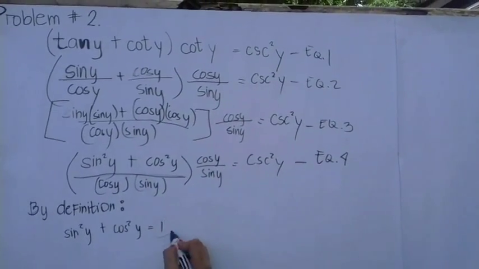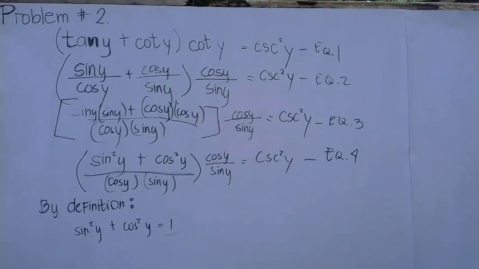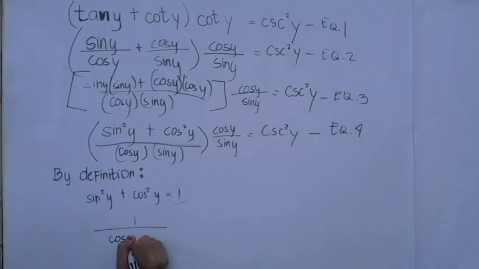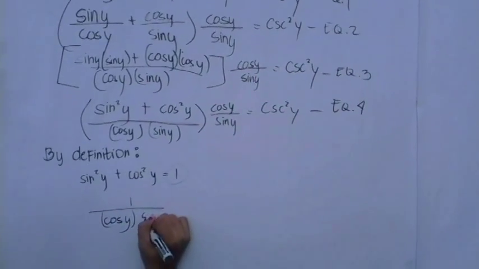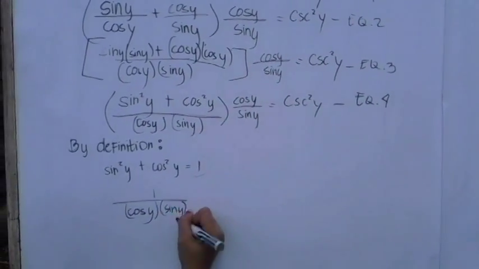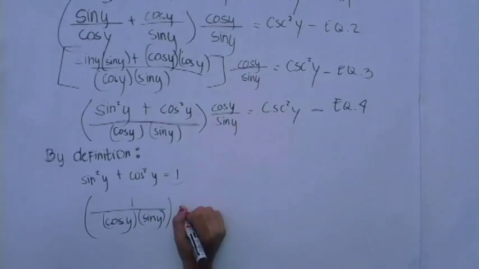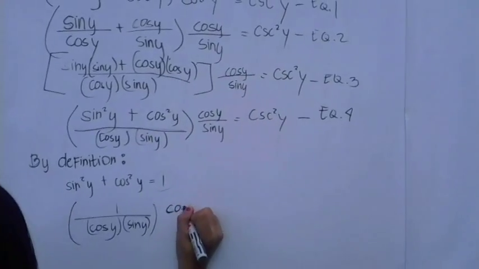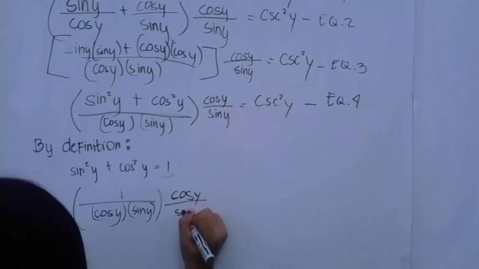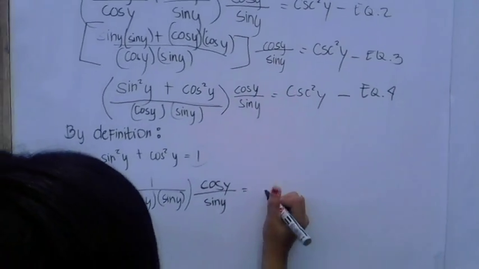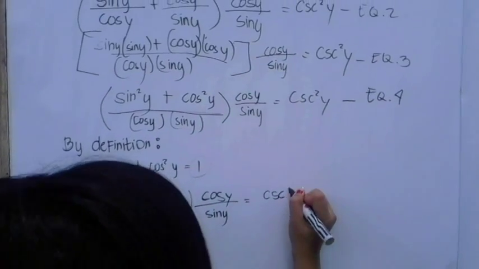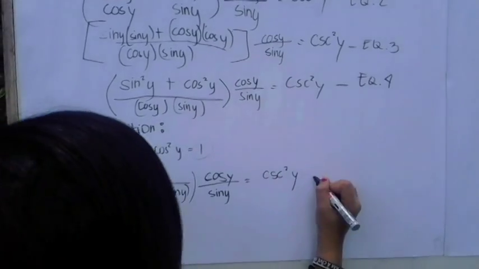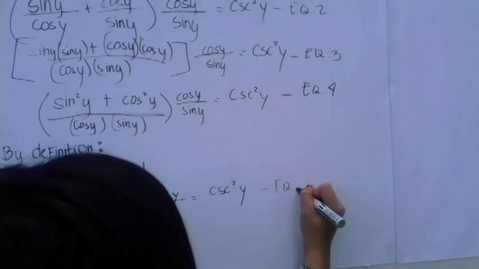Therefore, we just substitute 1 here. So we have 1 over cosine y times sine y. Then copy this one, cosine y over sine y, which is equal to cosecant squared y. Then, this is our equation number 5.